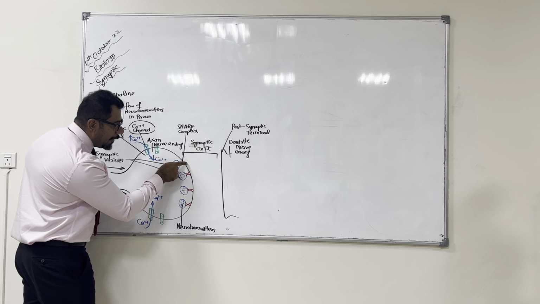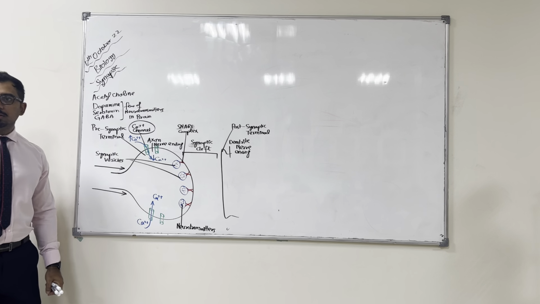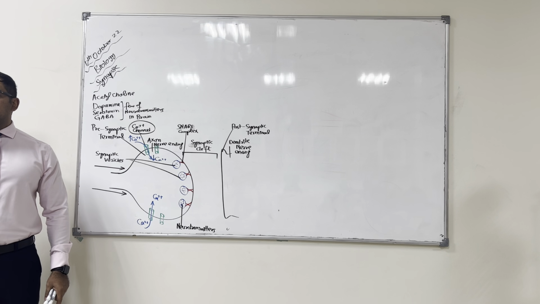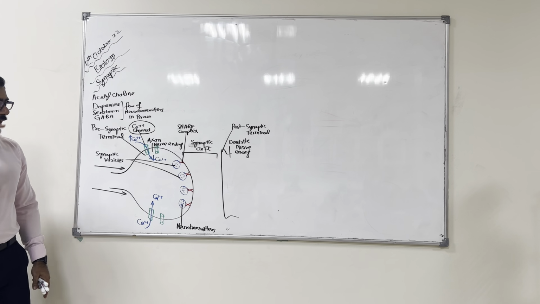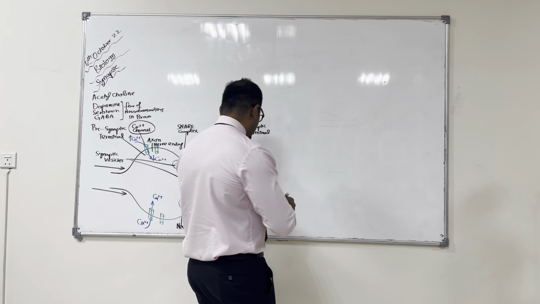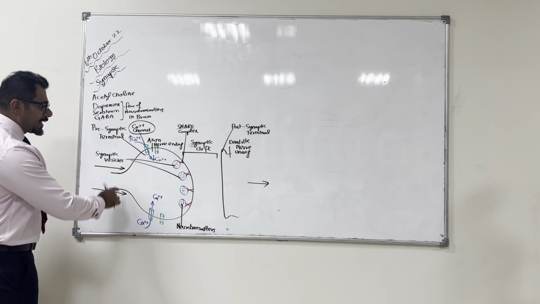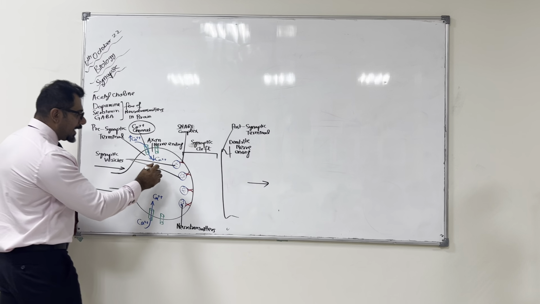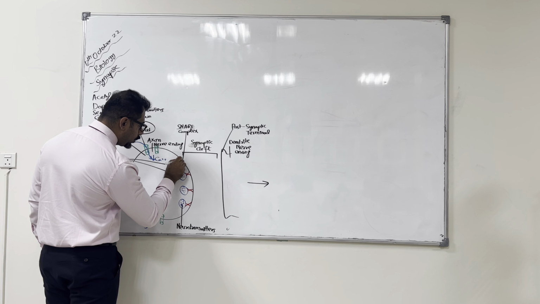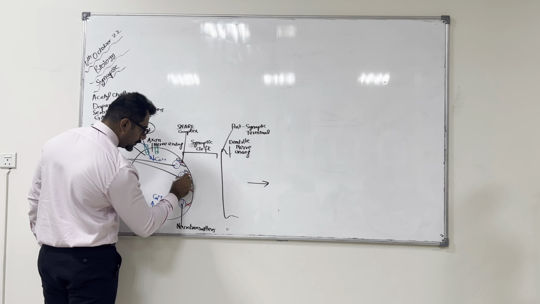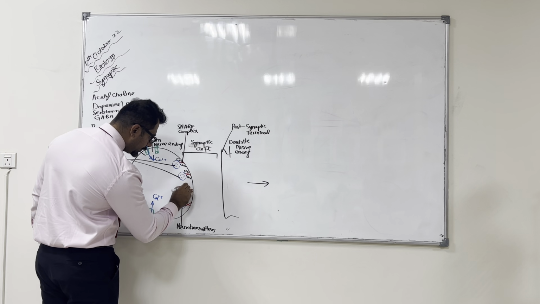These vesicles will come closer to the membrane, and when they come closer to the membrane, exocytosis will take place, right? I can show that over here in the next diagram. Remember that. What has happened? Calcium ions have come, and these calcium ions have bound to what? To the snare complex, right?